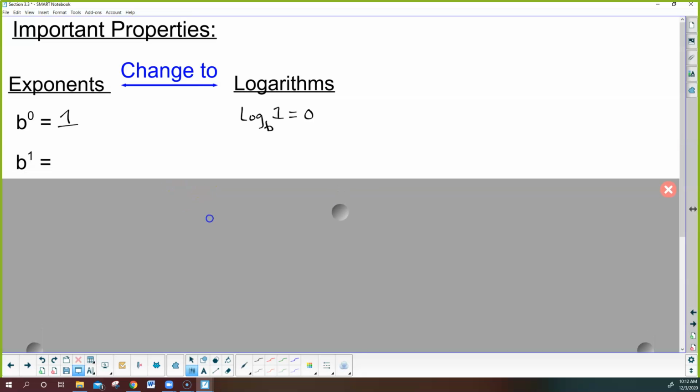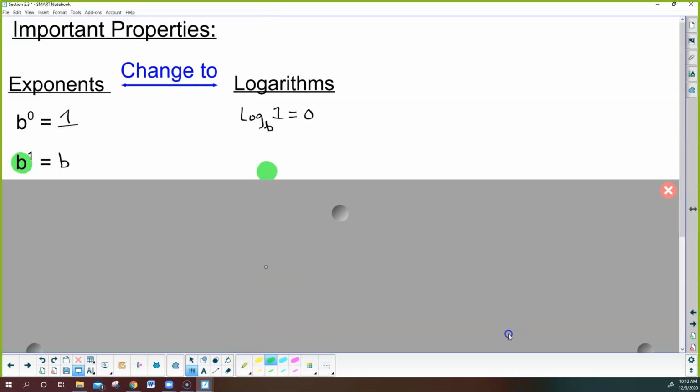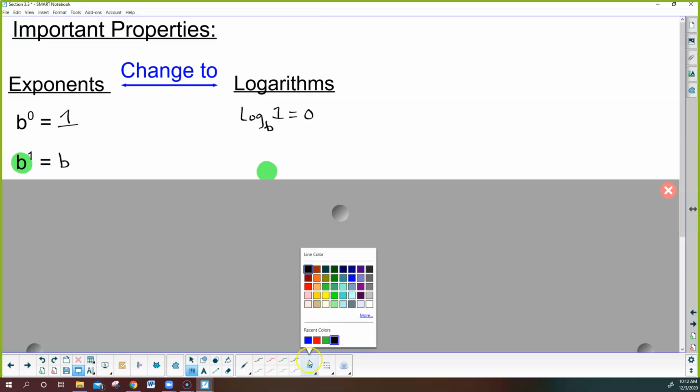Okay. Well, what about this? B to the first power. Well, we usually don't write b to the first power, we just write it as b. Now, for this one, I'm going to highlight just so we kind of see. We have two b's, and they are the same.